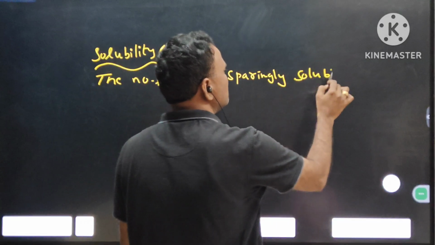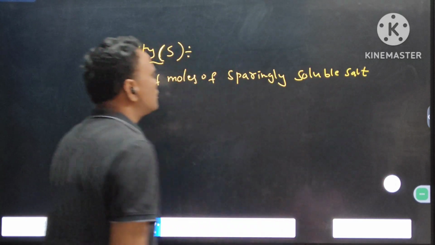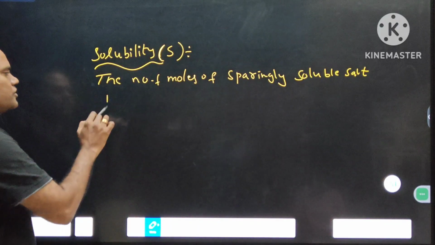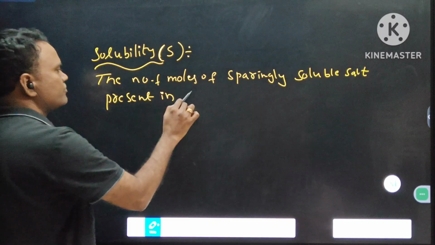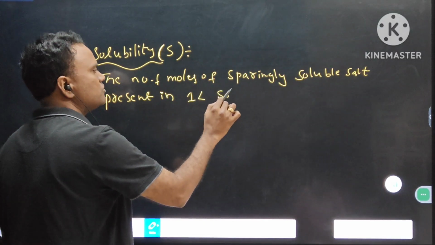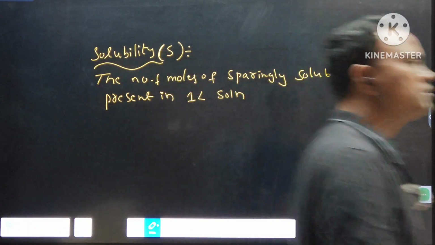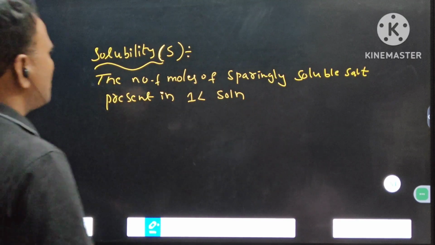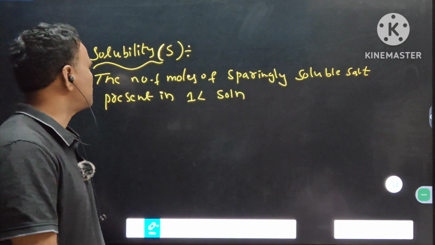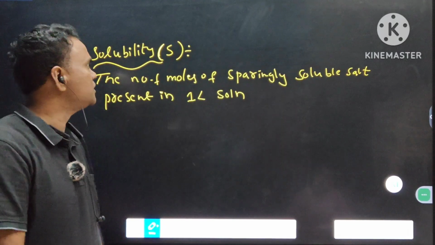The number of moles of sparingly soluble salt present in 1 liter solution is called solubility.